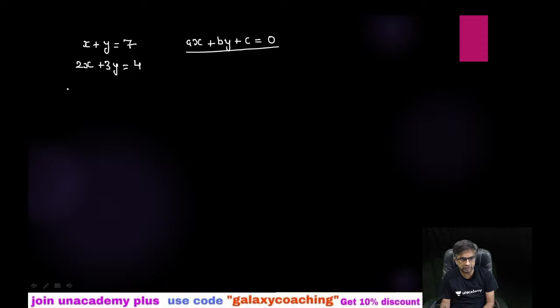Can you tell me what will be a in the first equation? This is your second equation, this is your first equation. What will be the value of a in your first equation? A is 1, so we call this a1.